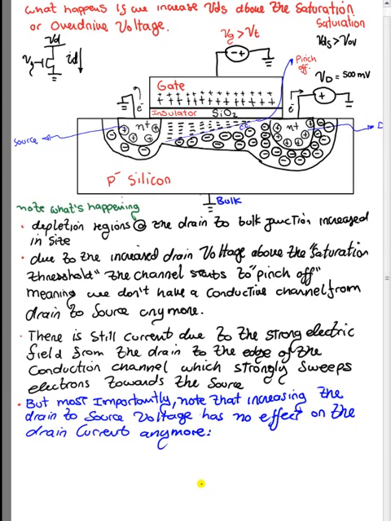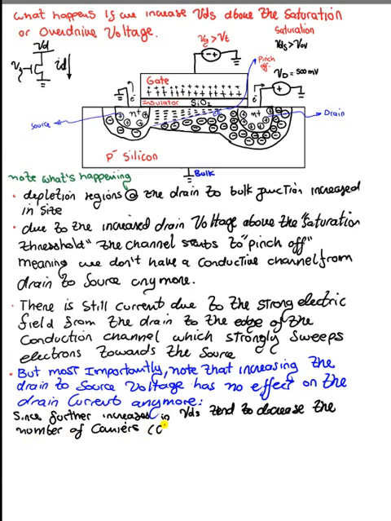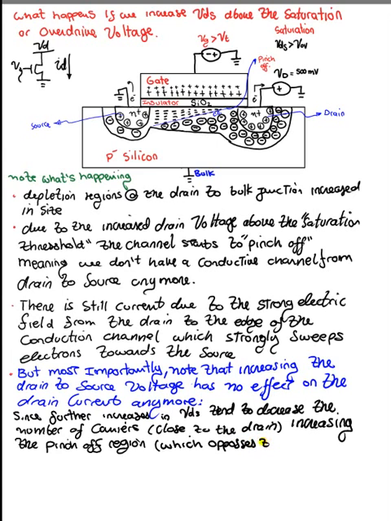That is because, and this is a very important explanation, further increases in VDS tend to decrease the number of carriers, those ones that are close to the drain, increasing the pinch off region, the size of this region right here, increasing the pinch off region, which opposes the flow of current, right?